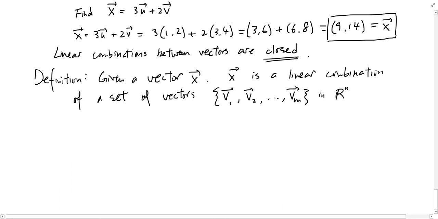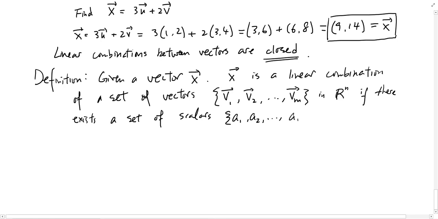So vector x is a linear combination of a set of vectors v1 through vm in Rn if there exists a set of scalars. Let's call this set of scalars a1, a2, to am.